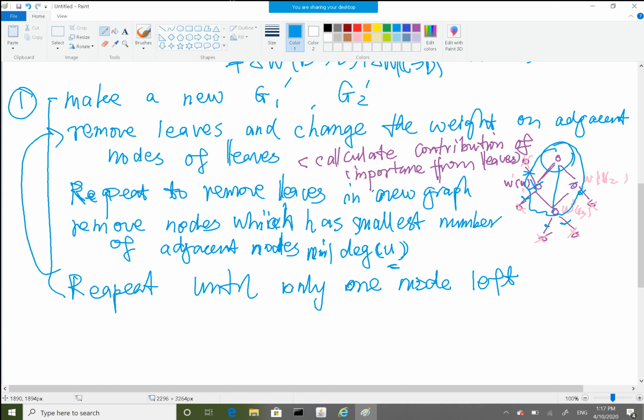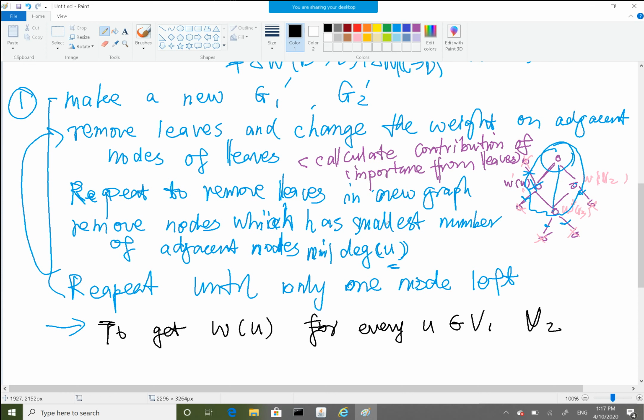This is just to use this procedure to get W U for every U in V1, V2, right? So this is from two graphs. V1 is the corresponding vertex in graph 1, and V2 the corresponding vertex from graph 2.